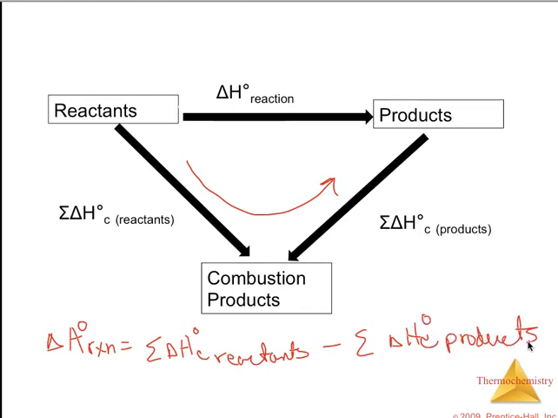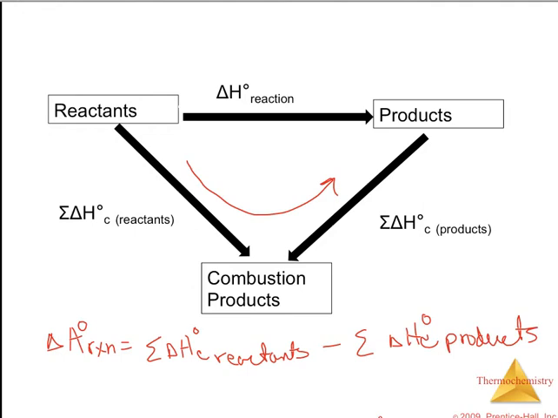This is different than the heats of formation. For the heats of formation, it's products minus reactants. When we use heats of combustion, it's reactants minus products. It's really how those values are defined.